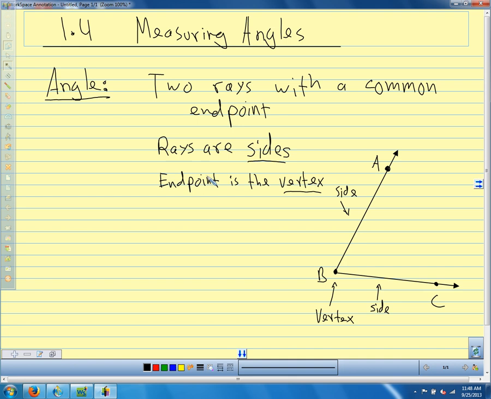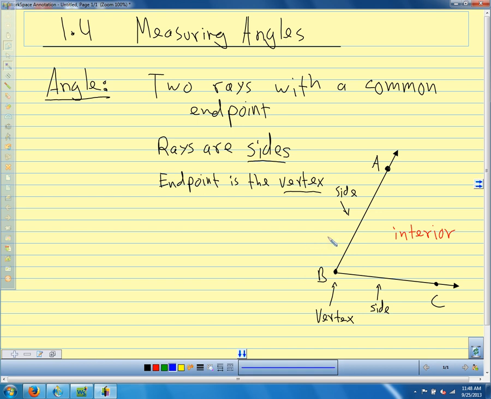A couple of other important things about an angle. We call the part between the rays the interior. I'm going to write that in red. So the part between the rays is the interior of the angle.